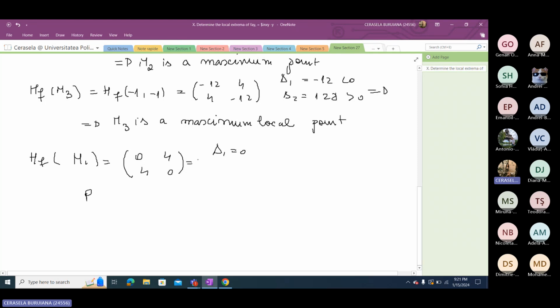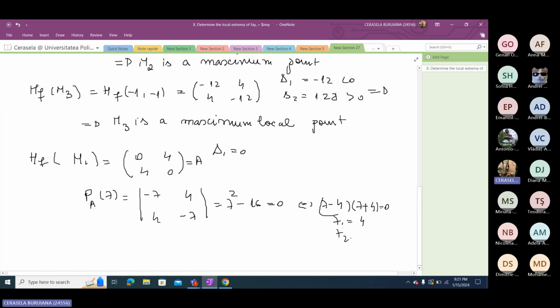Okay, let's denote this by A, and I take the determinant. It will be minus lambda, lambda squared minus 16 equals 0. So one lambda is 4, the other one is minus 4, different signs.